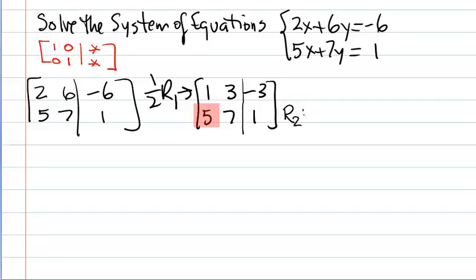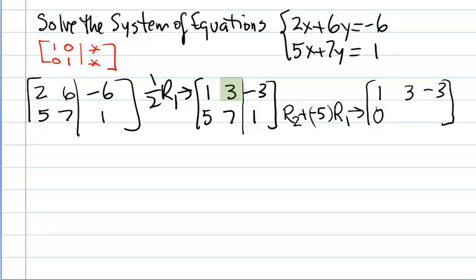So I'm going to take row 2 plus -5 times row 1. 1, 3, -3 is the top row, and the new second row becomes -5 times 1 plus 5, that gives me 0. -5 times 3 is -15 plus 7 gives me -8. -5 times -3 is 15 plus 1, 16.